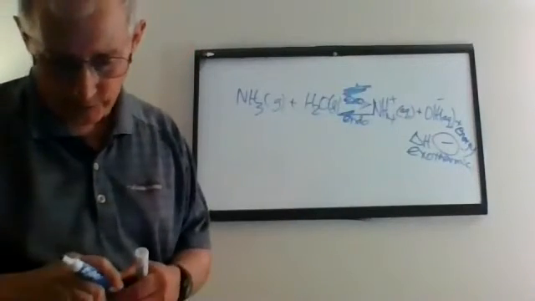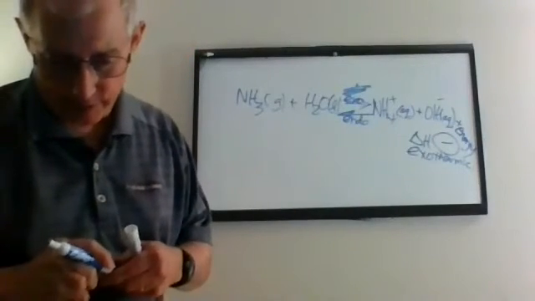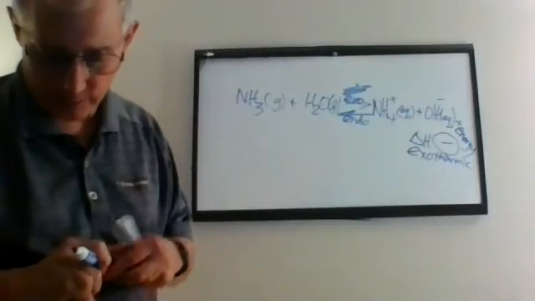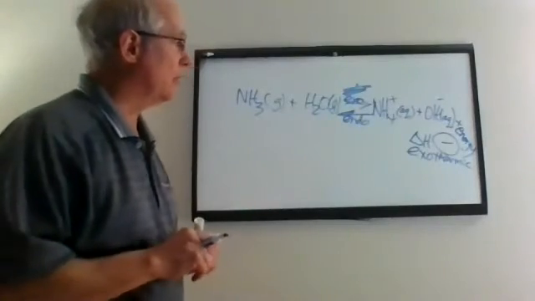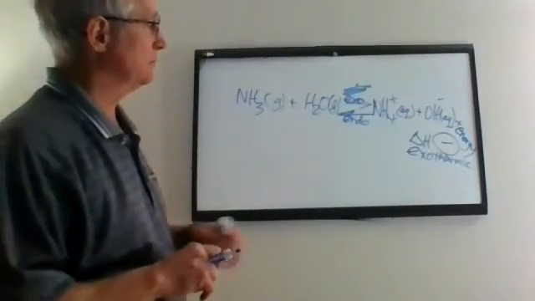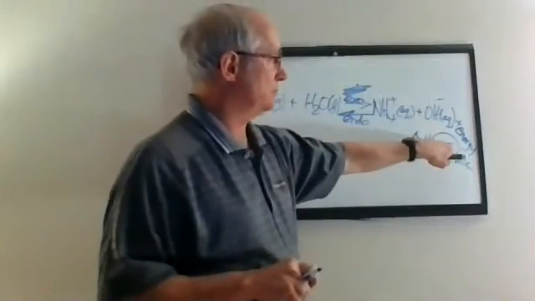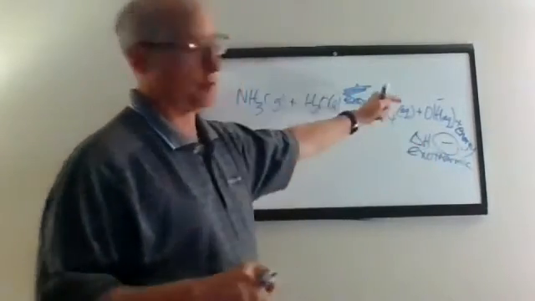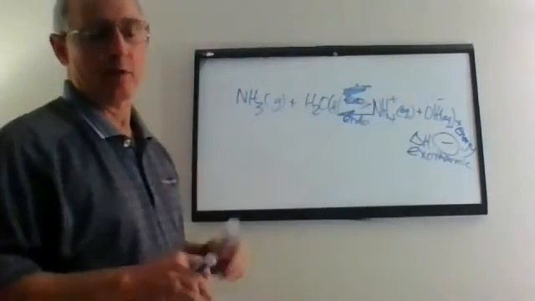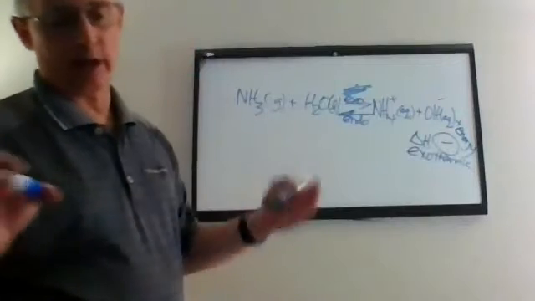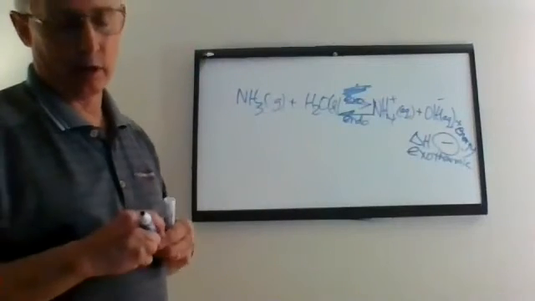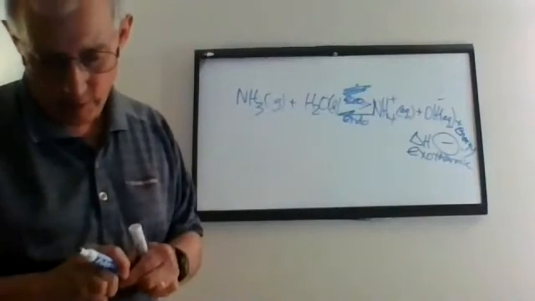What I'd like to know is, does the enthalpy factor favor the forward direction, forward reaction, or the reverse reaction? The enthalpy is negative, it favors going forward. Most chemical reactions in nature are exothermic, releasing heat.